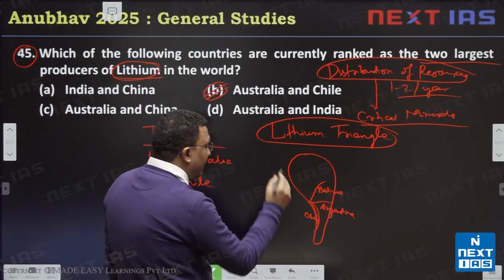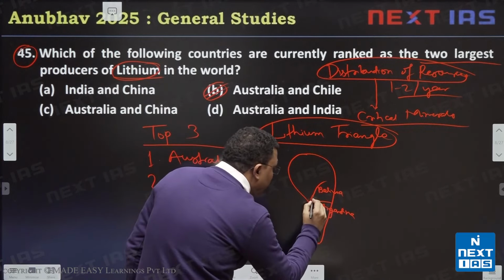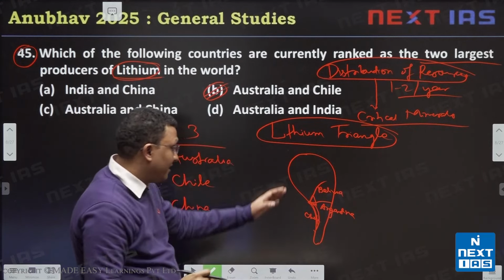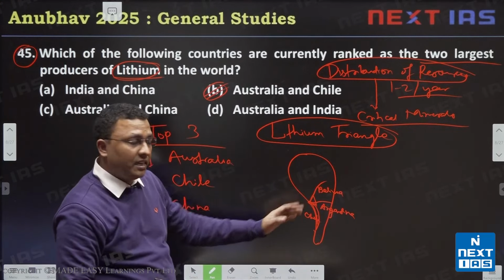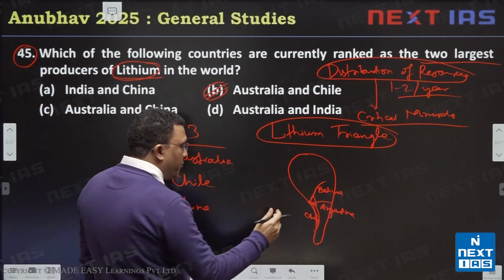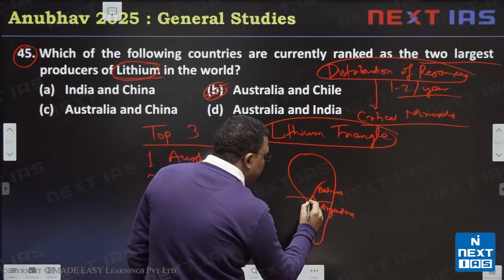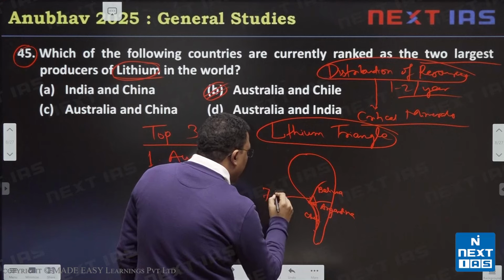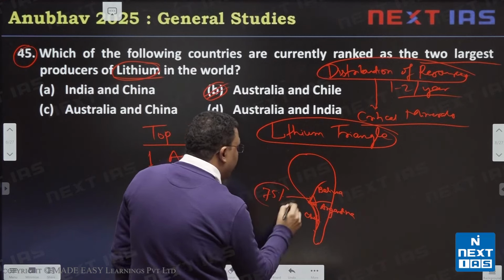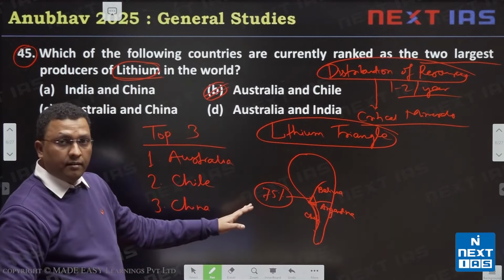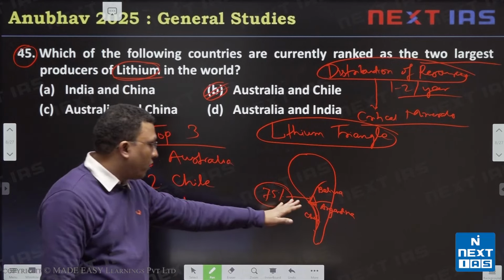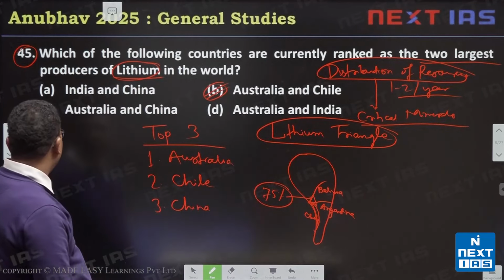So lithium triangle is basically an area located across the border of these 3 countries. It's a roughly triangular shaped area, and this is important because this area supplies almost 75% of lithium in the world, right? So this is one important fact that you should know, right?